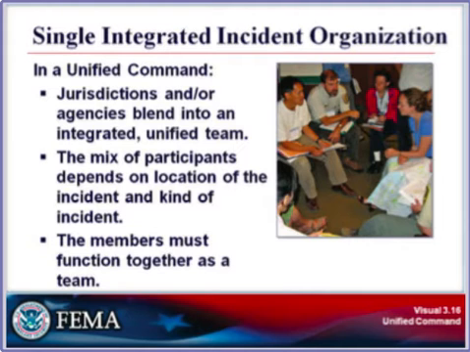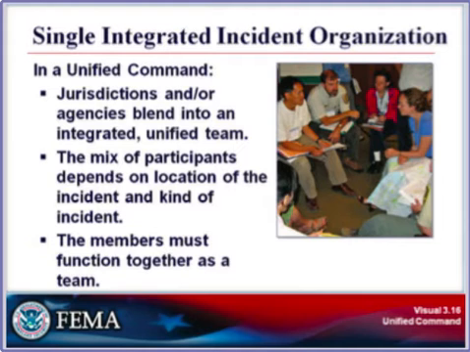The proper mix of participants may depend on the location of the incident, which also determines the jurisdictions that must be involved. It may also depend on the kind of incident, which dictates the functional agencies of the involved jurisdictions, as well as other agencies that may need to be involved. In a multi-jurisdictional situation, a unified command structure could consist of one responsible official from each jurisdiction.